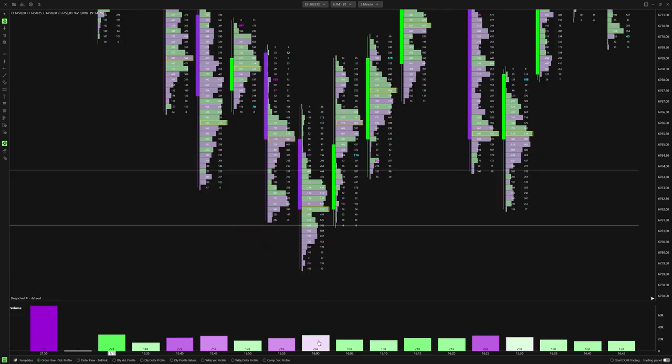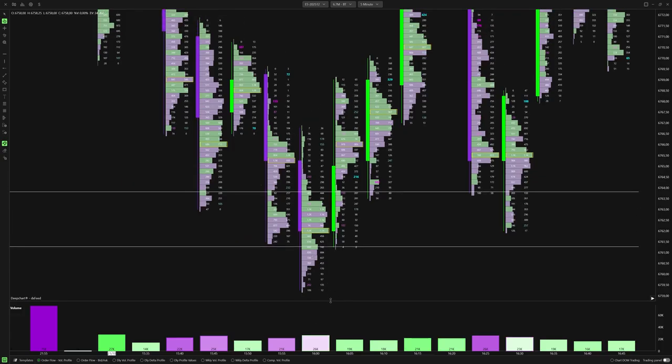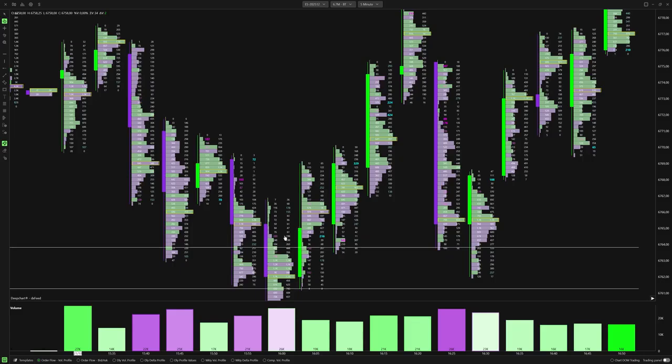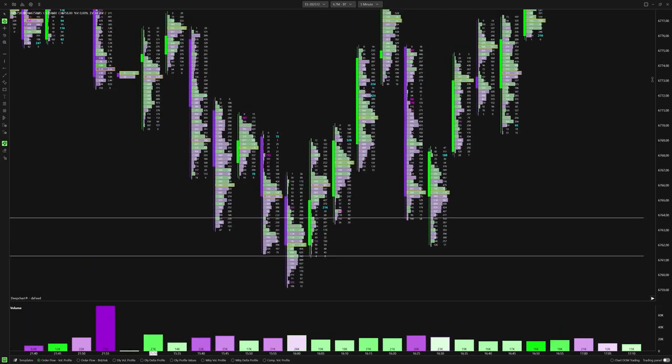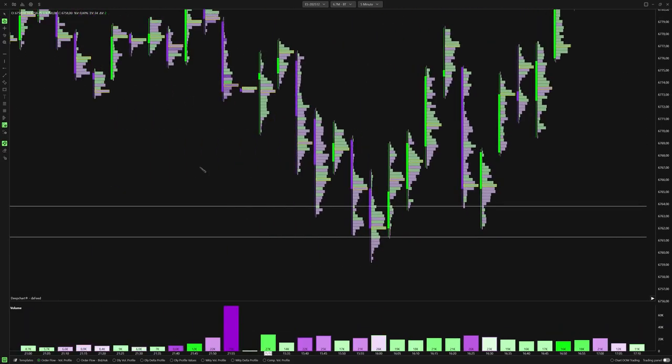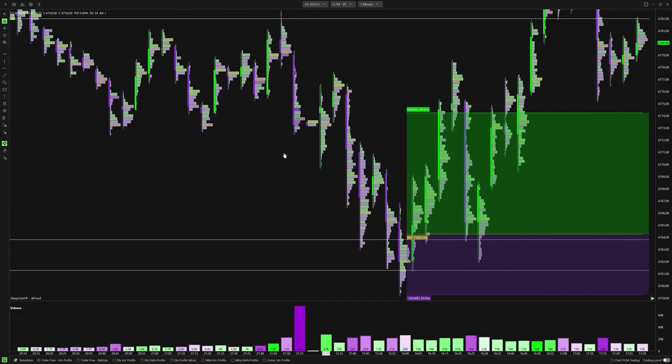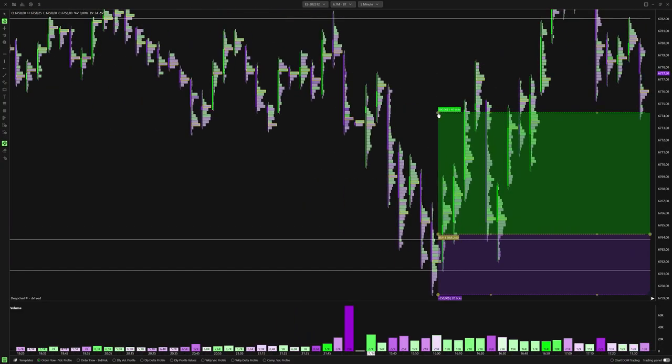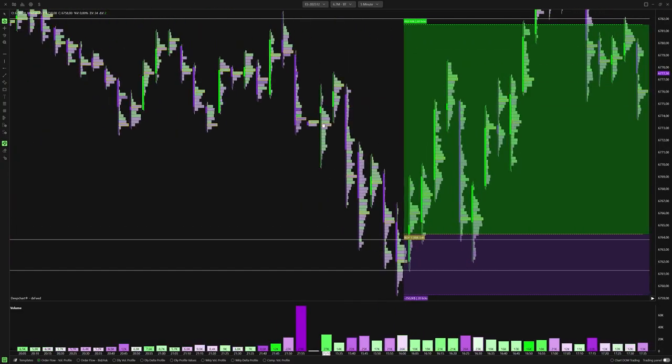There was a lot of volume in this candle, but no follow through. And the following candle dropped back inside. And from here, this is our buy idea to the other side of the range.